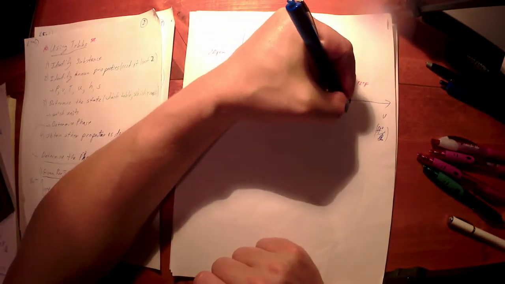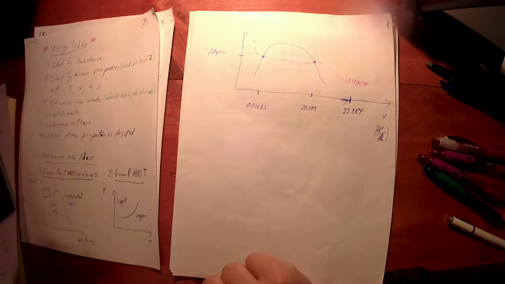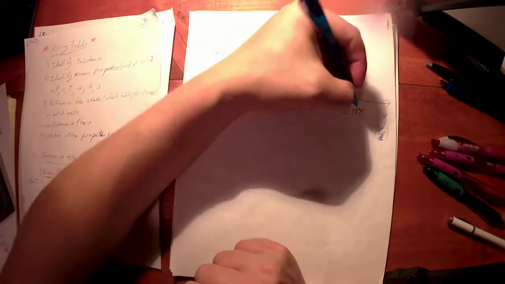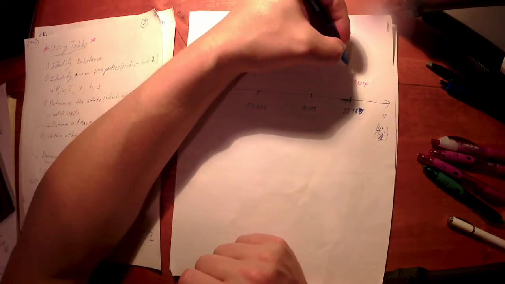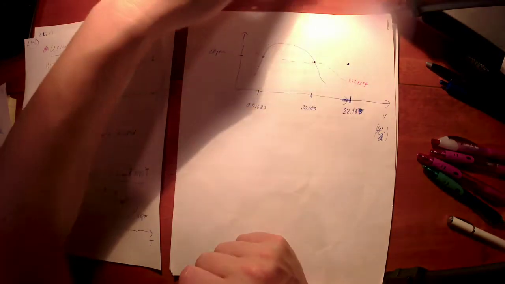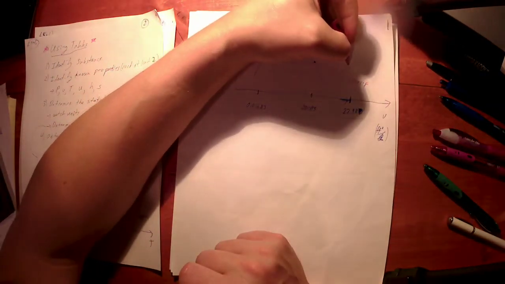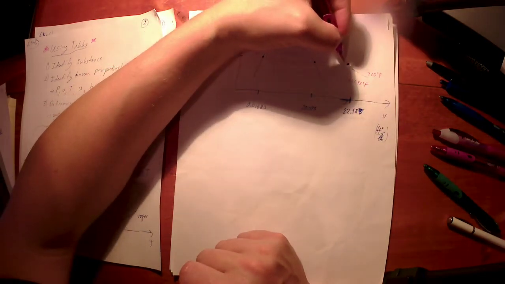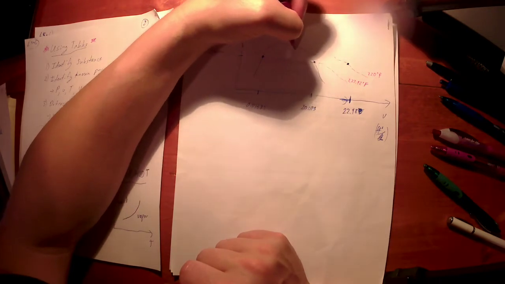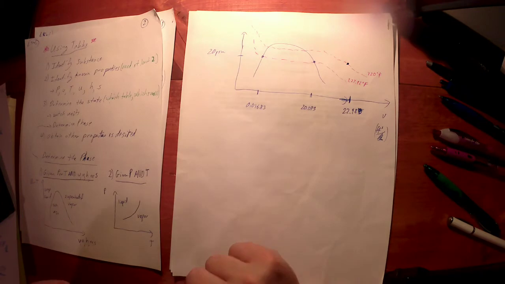And so I come out here to 22.98 cubic feet per pound mass. And that's where this other one's at. And what I've got is a line of 320 degrees Fahrenheit, and it's going to come across up here, something like that.